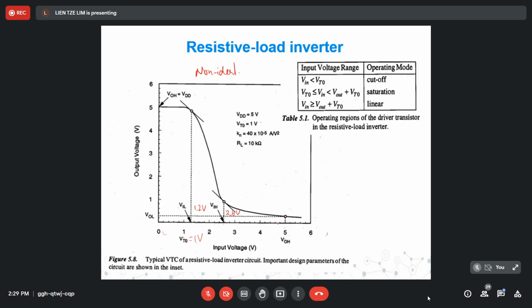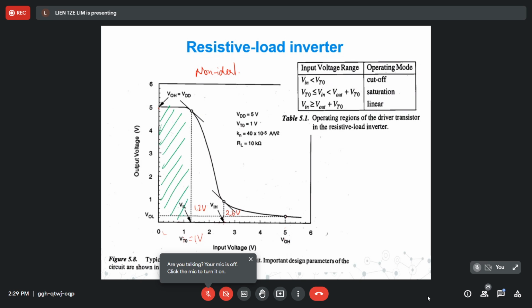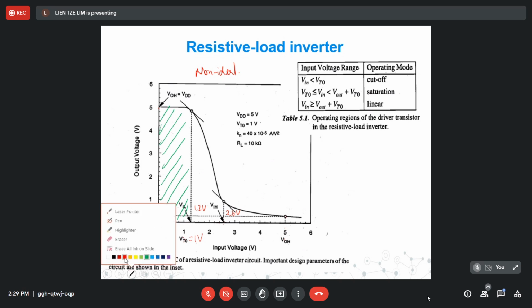So the region where the NMOS is in cutoff should be this region. We call it cutoff.